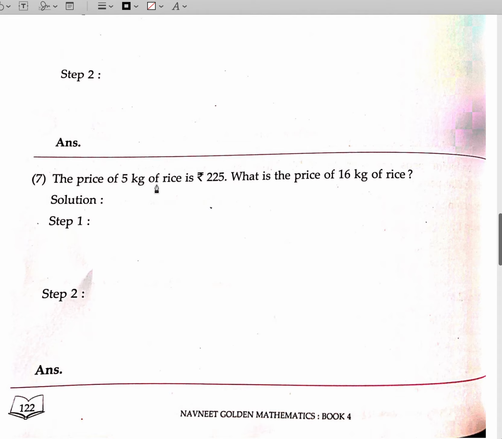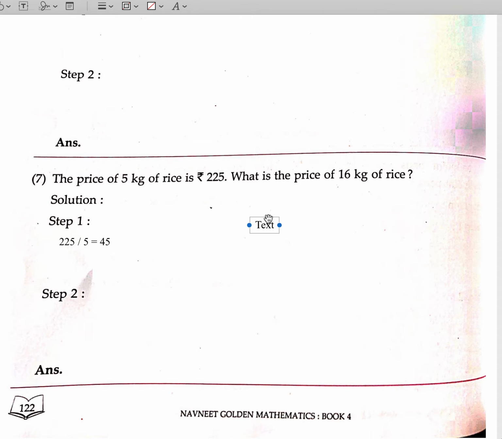The price of 5 kg of rice is 225. What's the price of 16 kgs of rice? So first let's divide 225 by 5 to find the price of 1 kg. It's equal to 45.